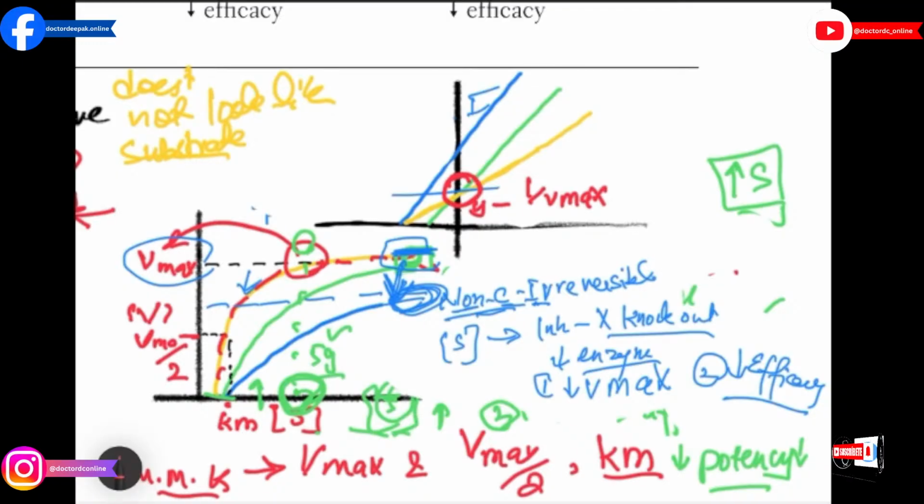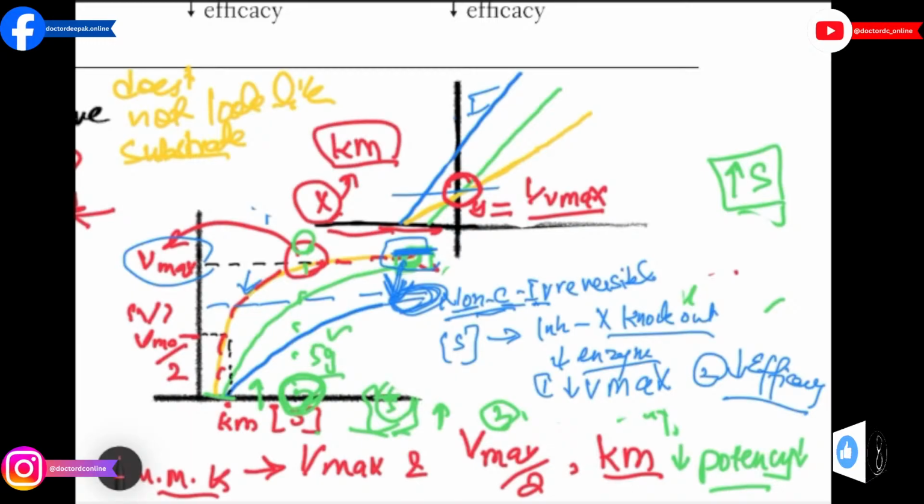Understand? And the point where the line crosses the x-axis is equal to Km. It's a simple trick to read the graph. When any line crosses the y-axis, it is Vmax. If any line crosses the x-axis, this is Km in the Lineweaver-Burk plot.